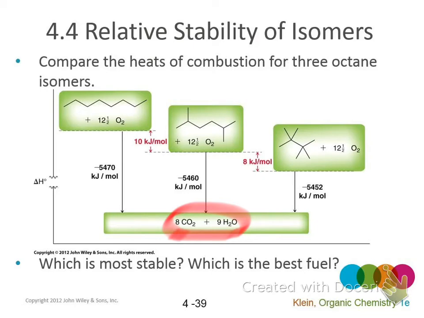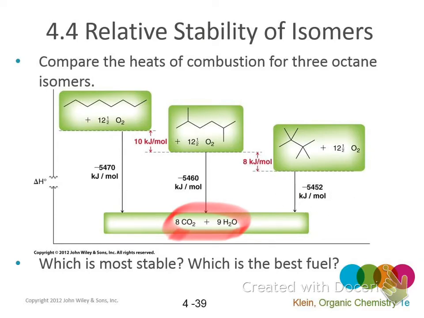So they're going from some energy state before you burn them to the same energy state when they're done. So now what you can do is directly compare the differences in energy between the molecules when they started. Okay? So down here, this is the base energy where they ended up. Each one of these released a different amount of energy.